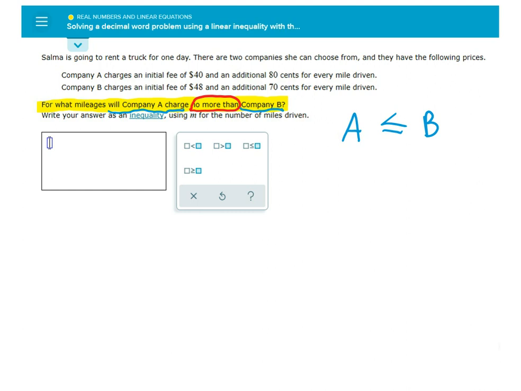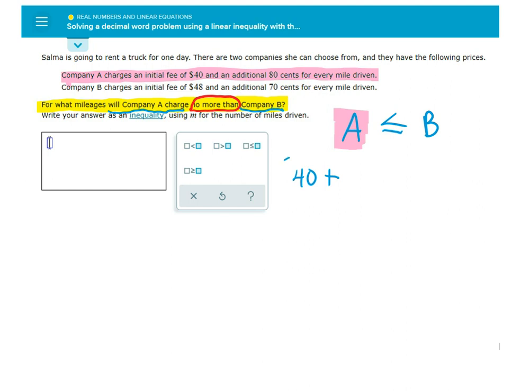And then Company A charges $40 and an additional 80 cents. Now, for A, you have to be careful. It's $40 plus 80 cents.